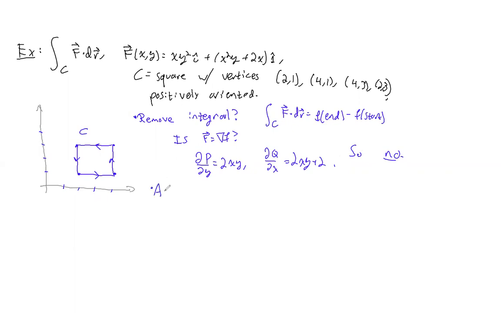What about Green's theorem? Can you do that? Well, this would mean that the integral over C of F dot dr is the double integral over D, whatever region C encloses, of del Q del x minus del P del y dA.